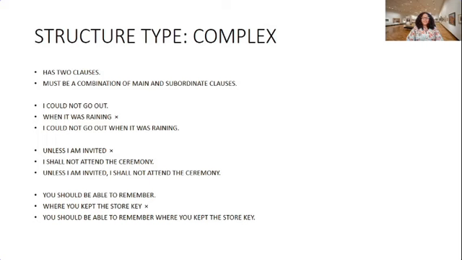The main clause, as we had earlier said, can stand on its own to form a complete sentence called a simple sentence, but a subordinate clause cannot do that. It makes sense, but it usually needs to be attached to a main clause to make complete sense.